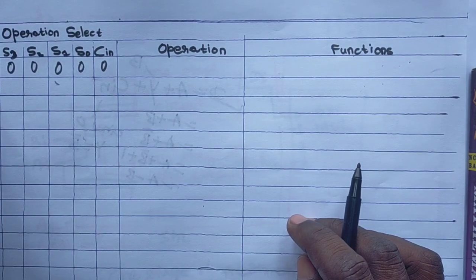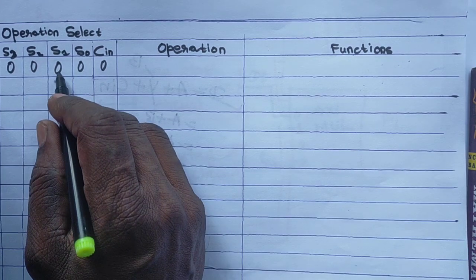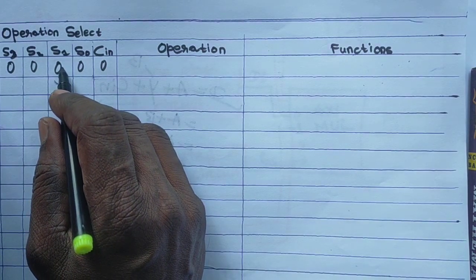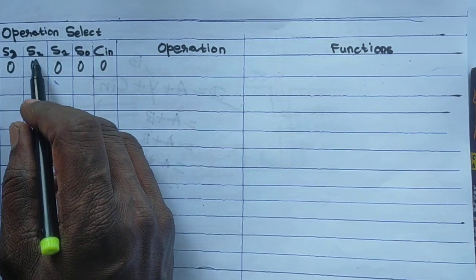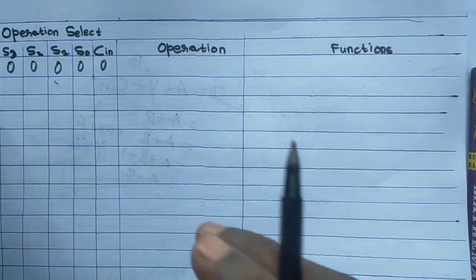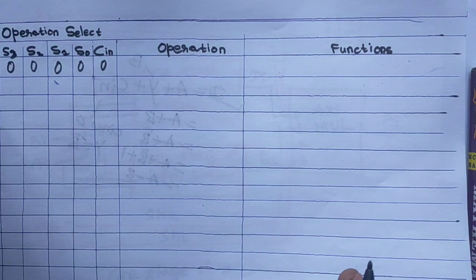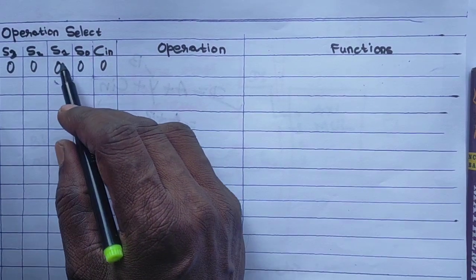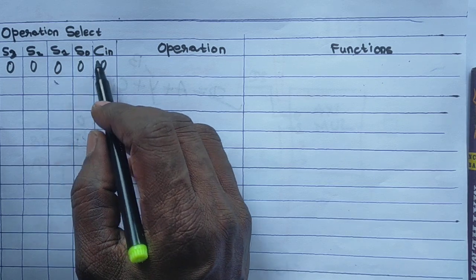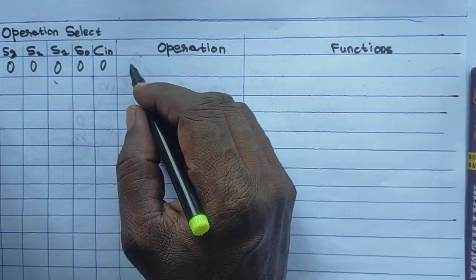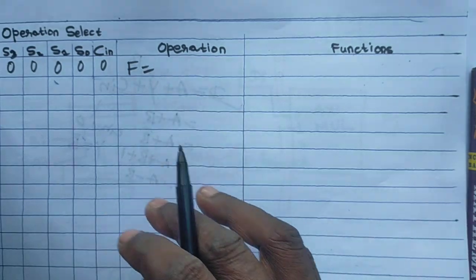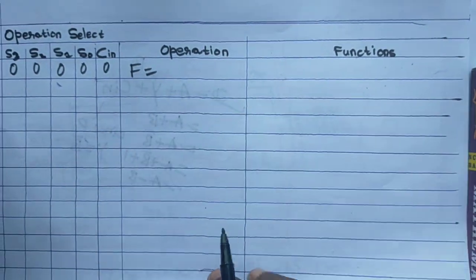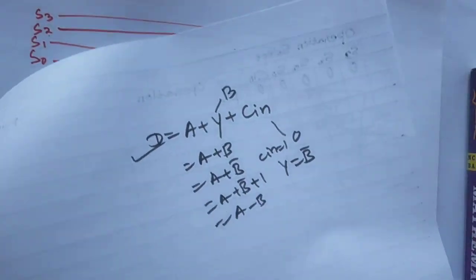In that case, S2, S3 being 0, 0 means only arithmetic operation we confirm. After that, S0, S1, and Cn is 0, then what is the functional value?